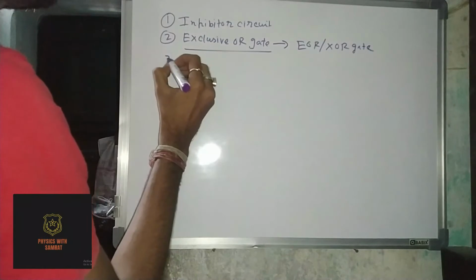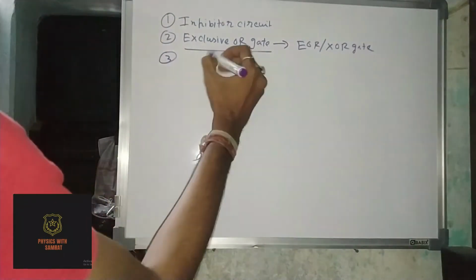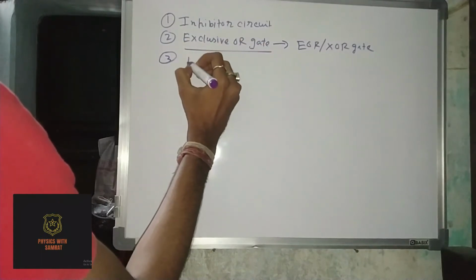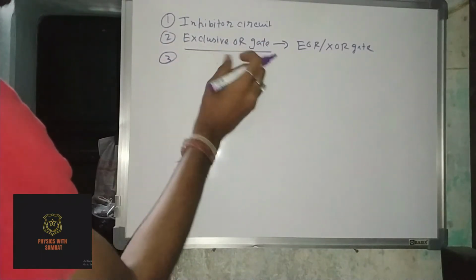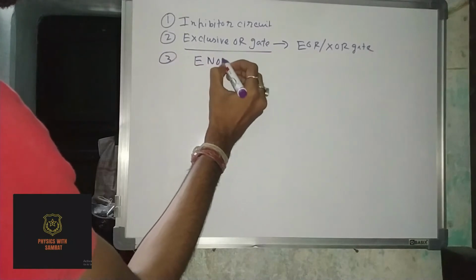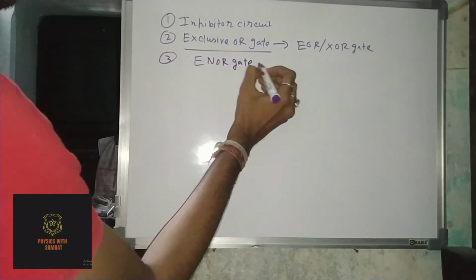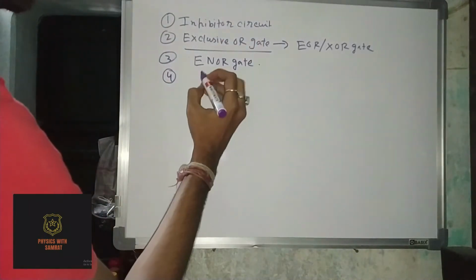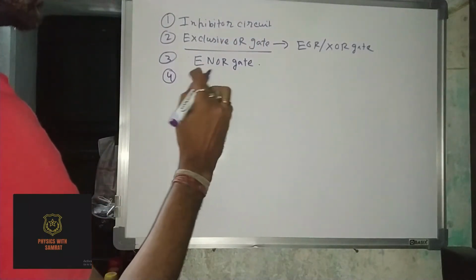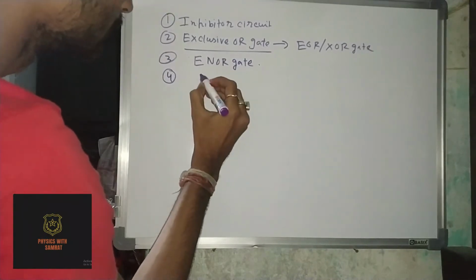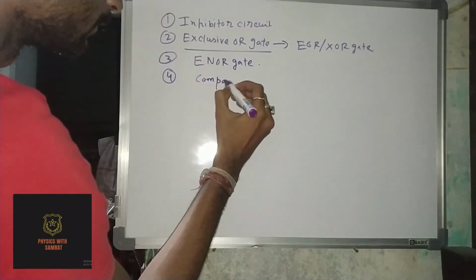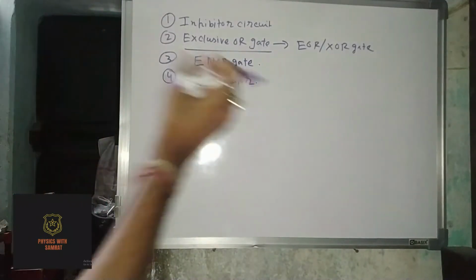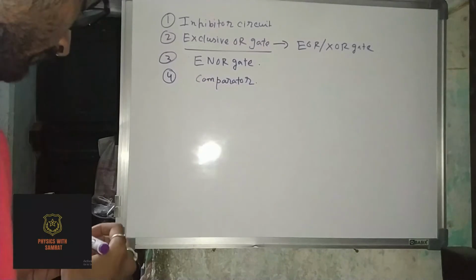Okay, and third one is the complement of the exclusive OR gate, XNOR, and with the combination of three we will learn comparator and its application. Okay, so let's start.